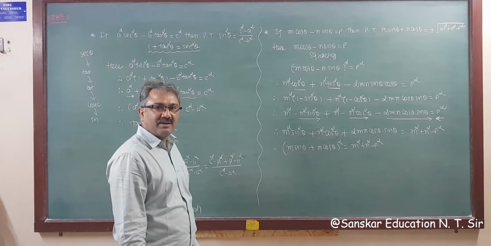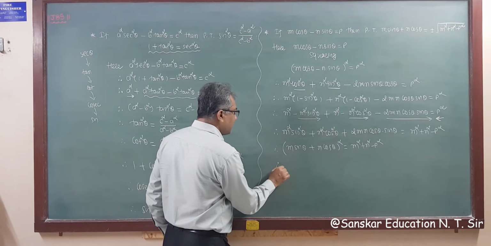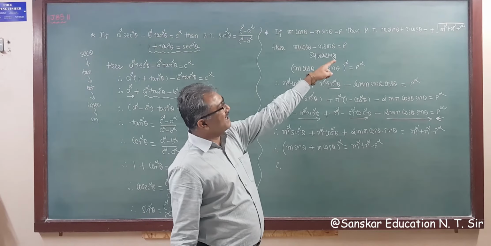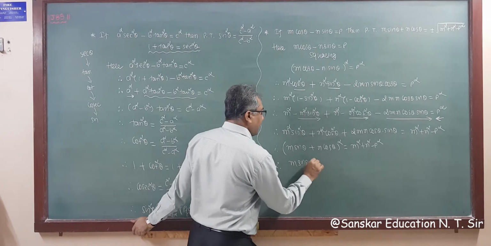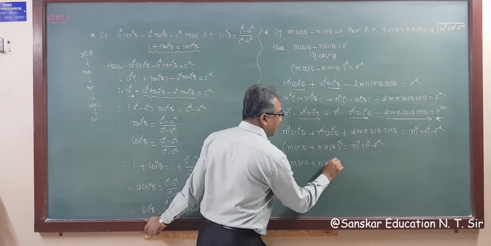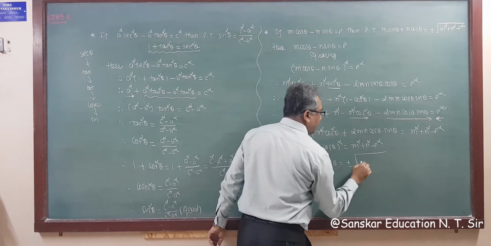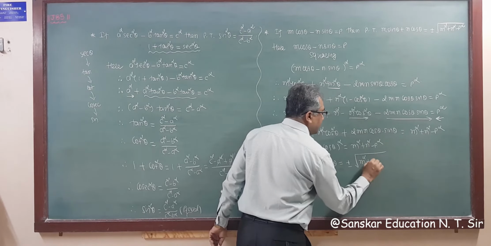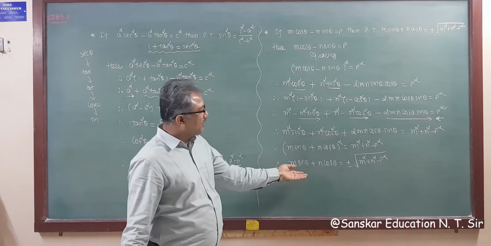We got this, right? Now taking the square root, because we want only m sin theta plus n cos theta, m sin theta plus n cos theta is equal to plus or minus square root of m square plus n square minus p square. So this is what we wanted to prove.